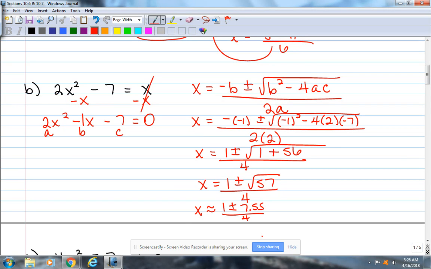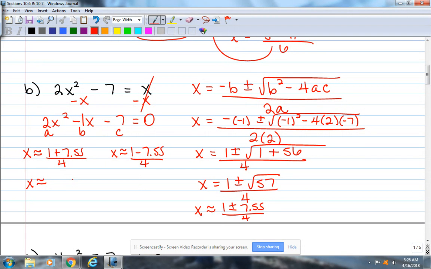Do y'all remember what to do after we take a square root? Make 2 separate problems. So x is approximately 1 plus 7.55 divided by 4. And x is approximately 1 minus 7.55 divided by 4.